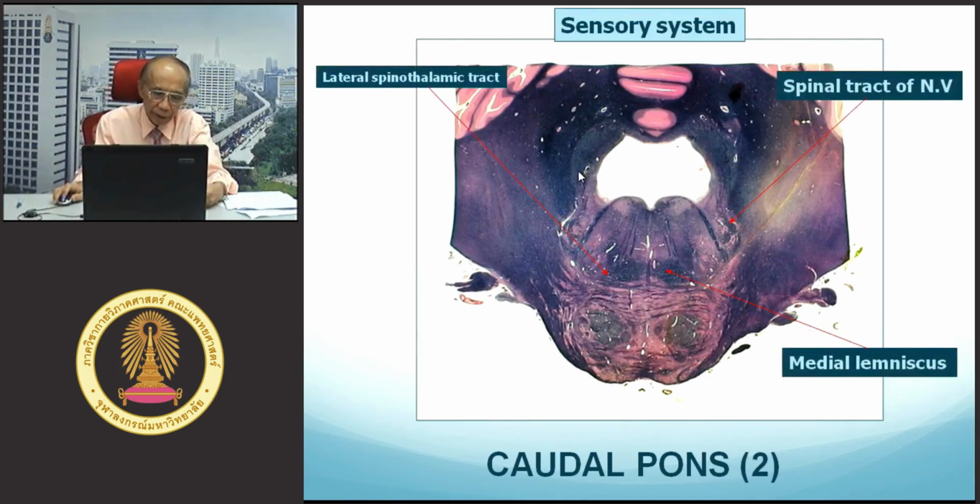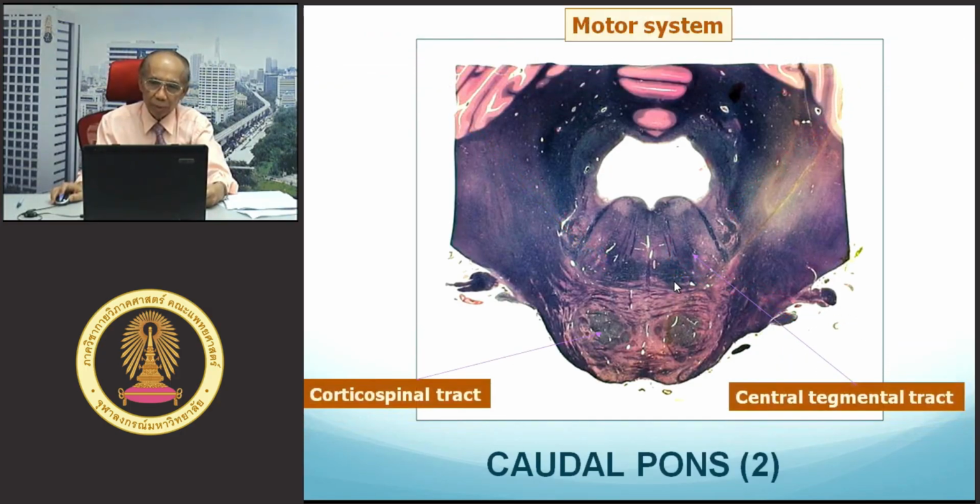The sensory system includes spinal tract of trigeminal nerve, lateral spinothalamic tract, and medial lemniscus. The motor system includes corticospinal tract and central tegmental tract.